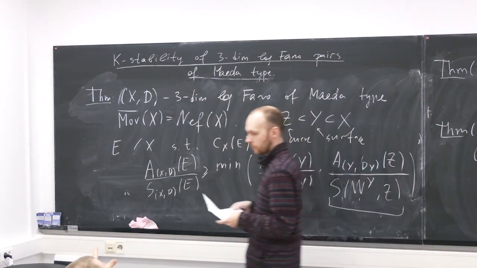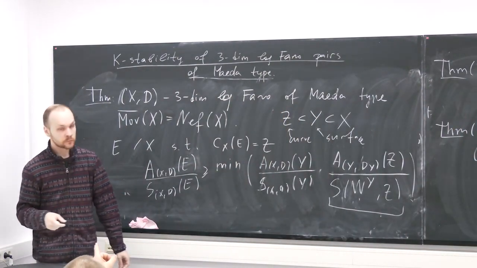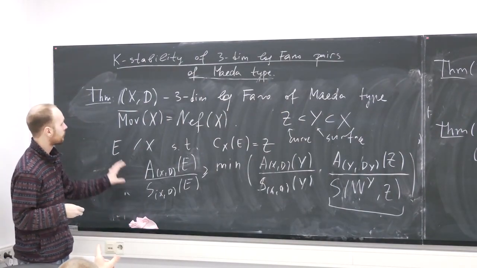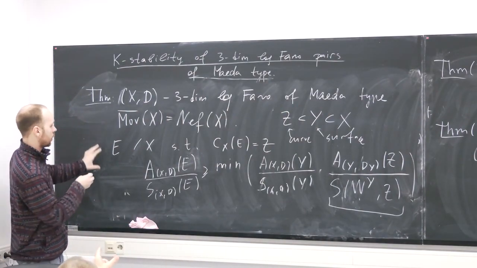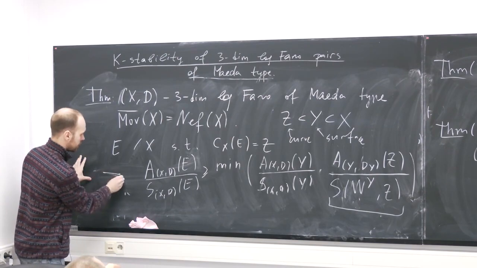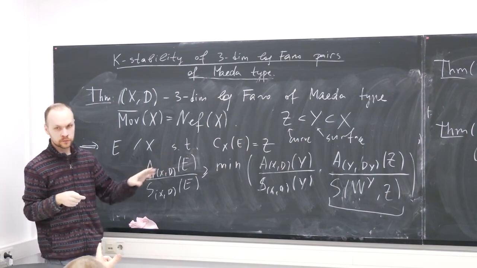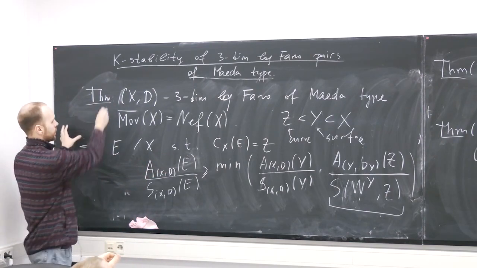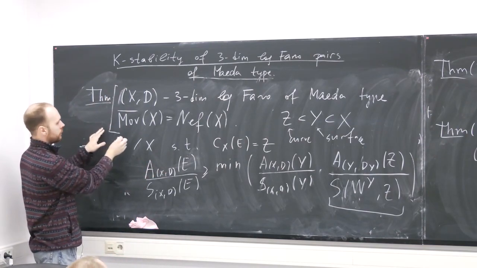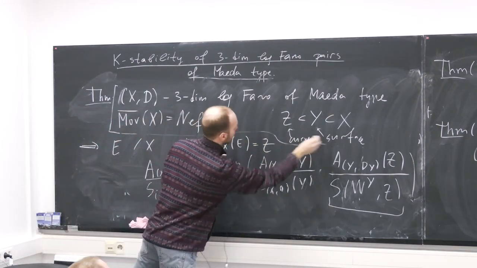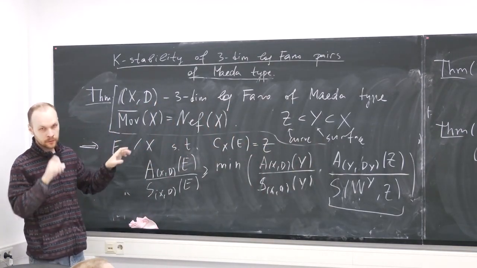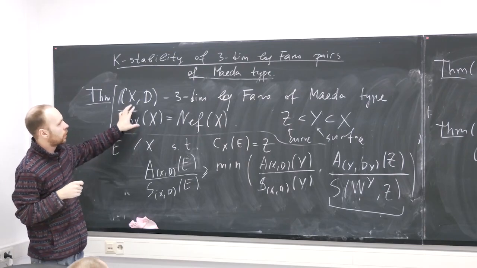Y and E. This equality, is it a condition or conclusion? So the conclusion is this, then for any E. Before this is an assumption. Yes, so this is an assumption. Is it not automatic?